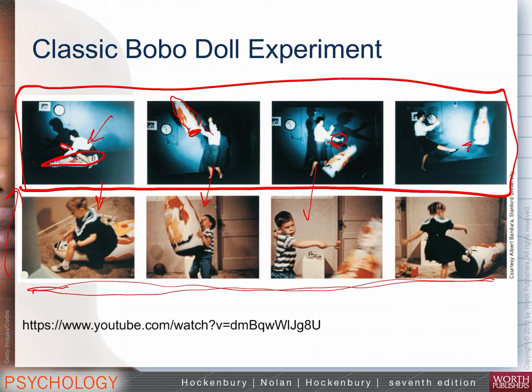They imitated exactly. Here you can see this boy took the hammer and did the same thing with it. This little girl's kicking it. They imitated the behavior that they witnessed the adult do. And they did that because the adult was reinforced or rewarded for the behavior after she engaged in all of these sort of violent behaviors.